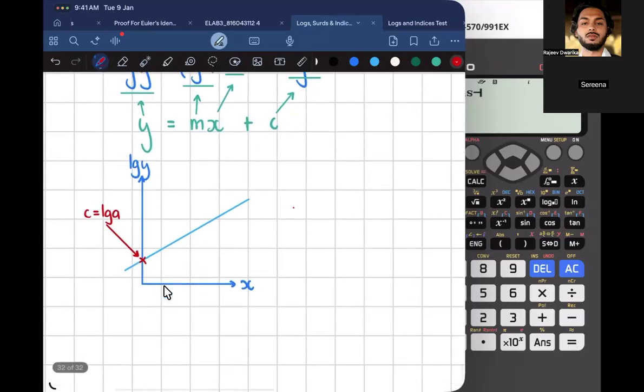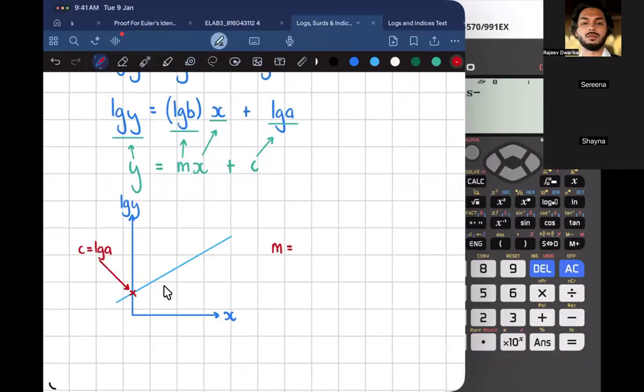And the gradient would be equal to what? Tell me, Serena. It would be equal to log bx. No, log b. Remember, x is a variable.